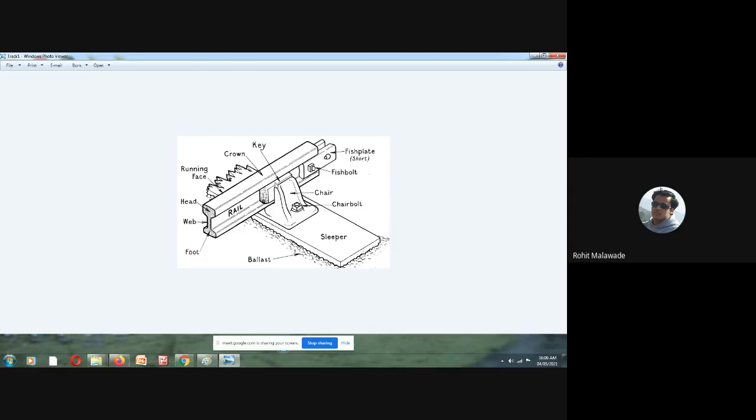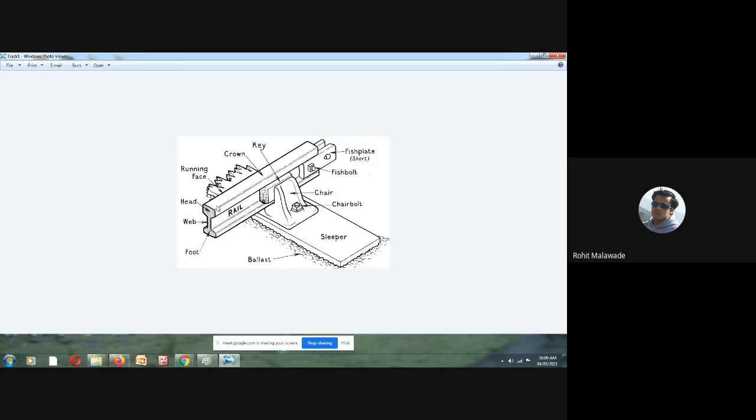Wherever we use spikes, pressure comes on the spikes, so marking is created on the web, head, or flanges and the spikes that we use. So this is an indication of creep.